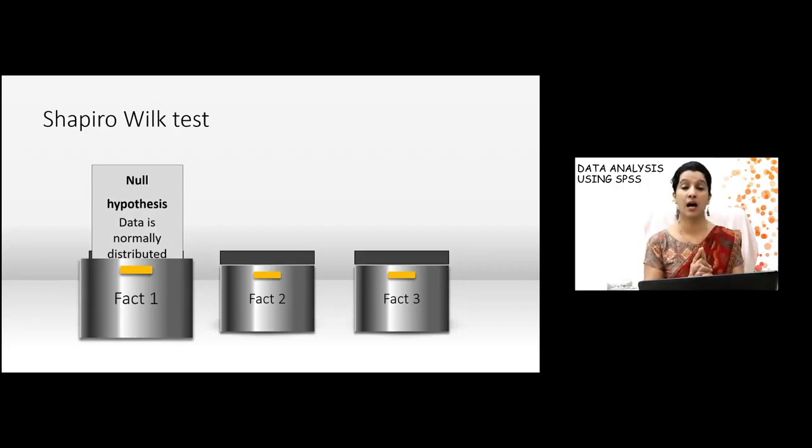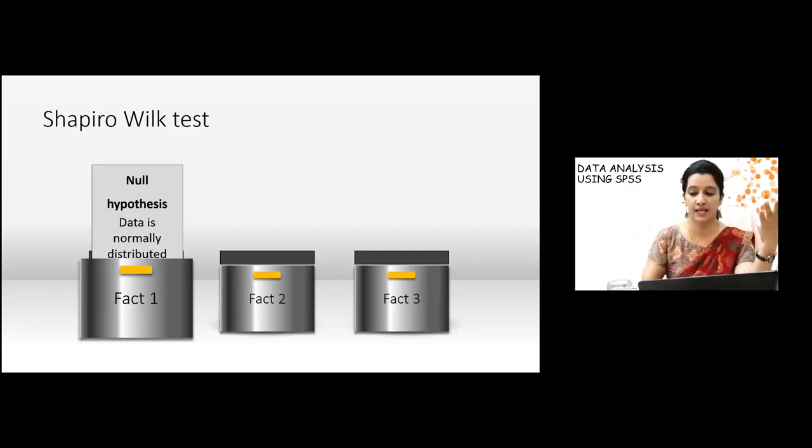So what will we desire? That we always reject the null hypothesis, right? But in this case, my null hypothesis should be accepted, because if my null hypothesis is rejected, then my p-value will be less than 0.05.